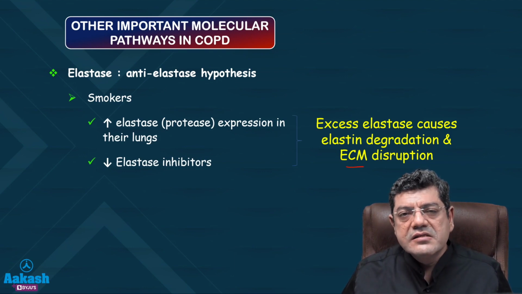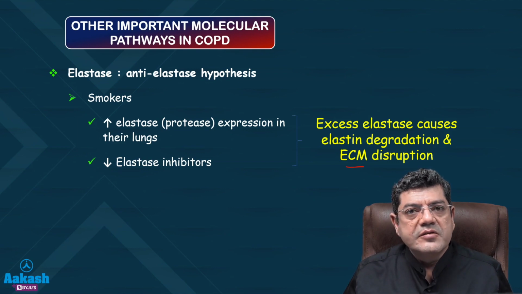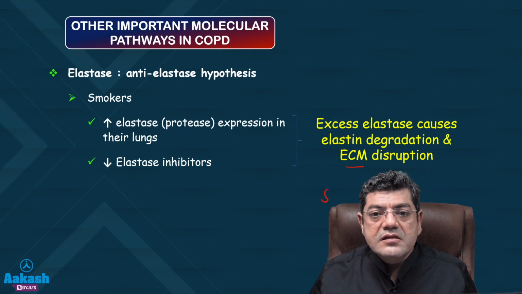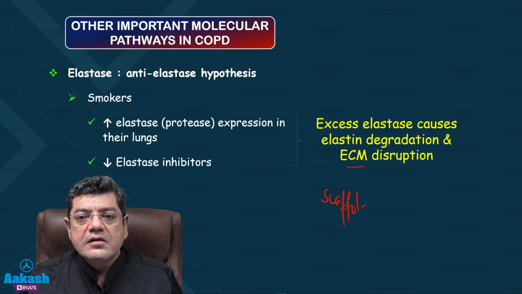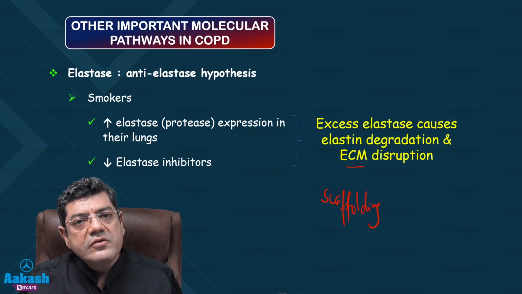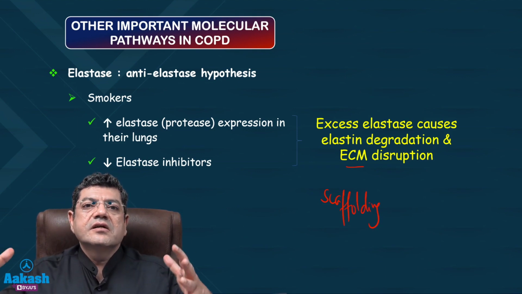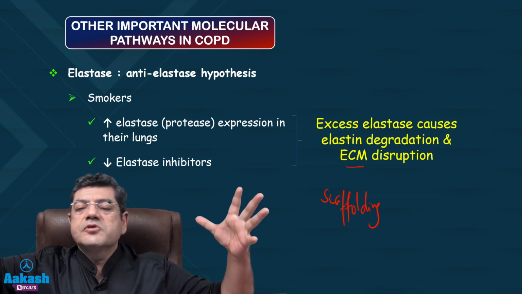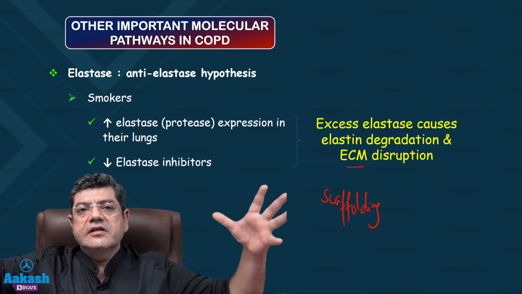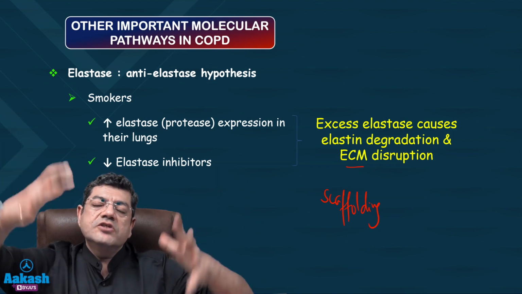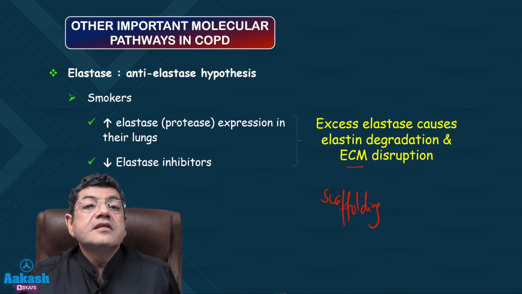Now, why is this disruption of extracellular matrix important? Because of the scaffolding. What is scaffolding? You've seen buildings being constructed with pipes or a structure outside, a superstructure outside based on which the building is built. That is scaffolding.